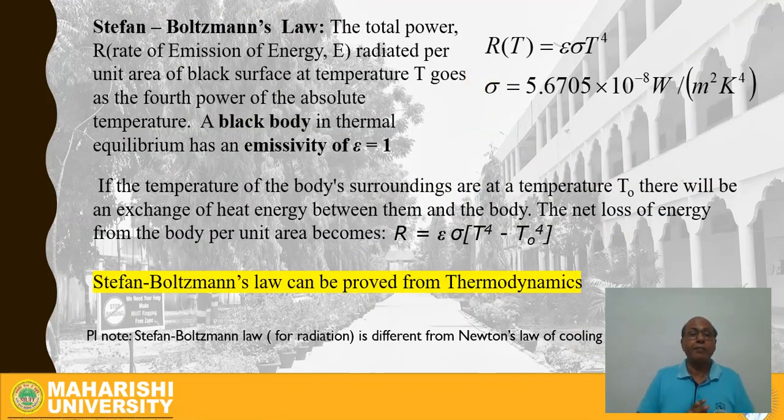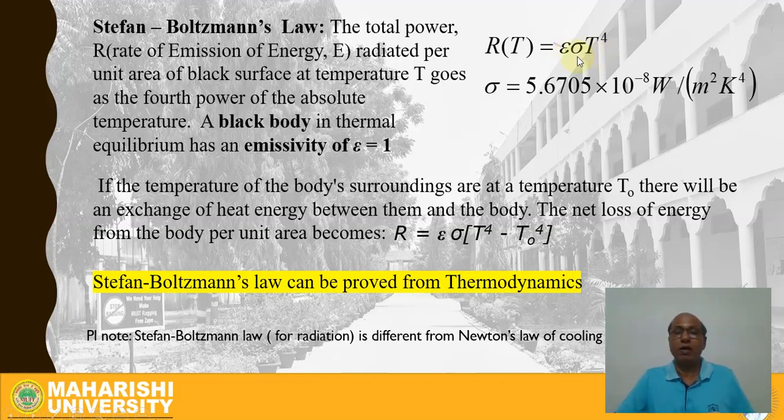Now the question was how this radiation takes place, and this was explained by Stefan-Boltzmann's law. Stefan-Boltzmann's law explains that the total power, R, which is dependent upon the temperature of the body, the total power, which is the rate of emission of energy, E, radiated per unit area of the surface of the black body at temperature T, is equal to the emissivity times the Boltzmann constant sigma times T to the power 4.